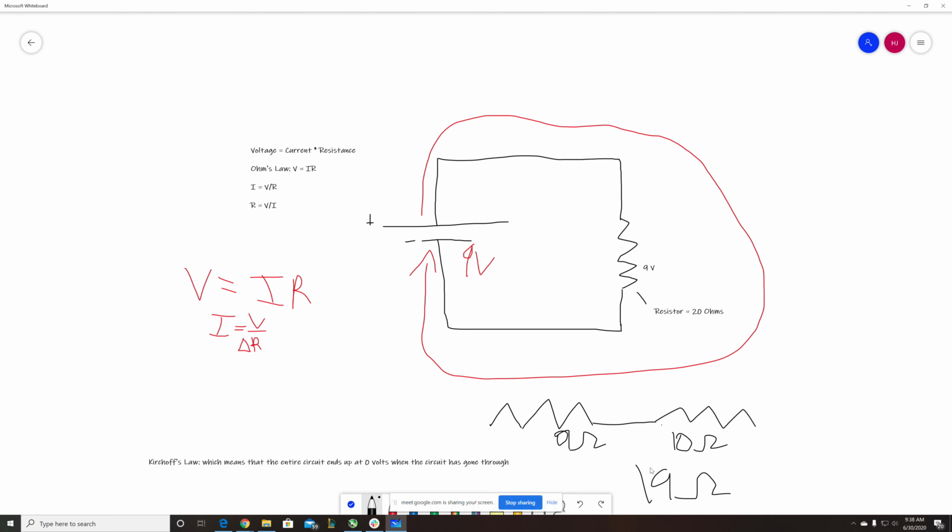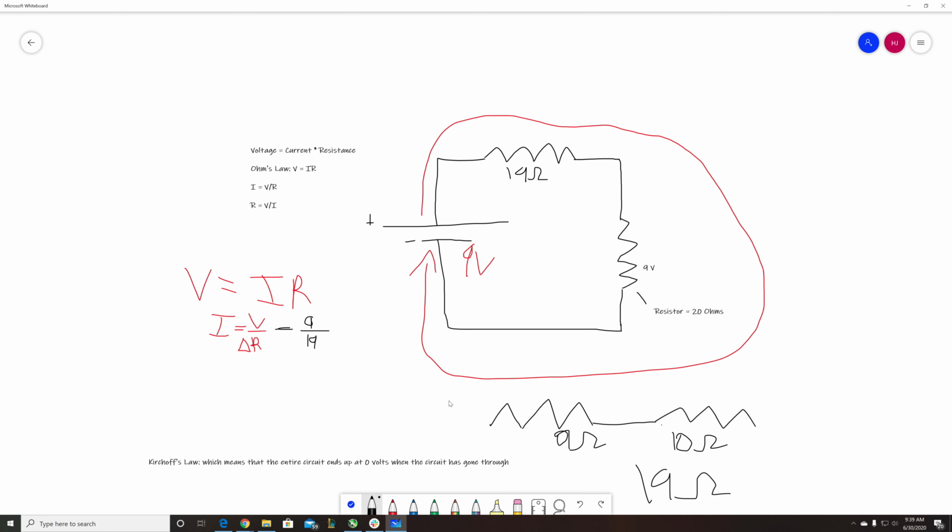With that 19 ohms, all you're doing for the current is V over R. In our case, the voltage is 9 over 19 ohms. Let's say we have another part that is 19 ohms, and you add these two up because they're in series.